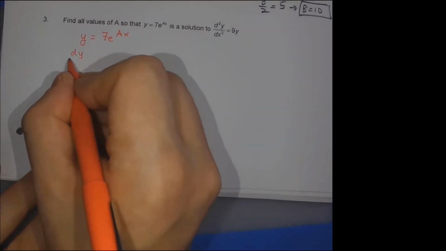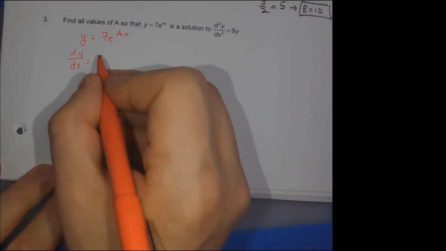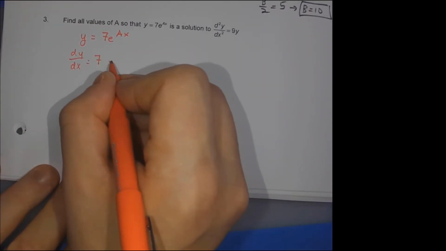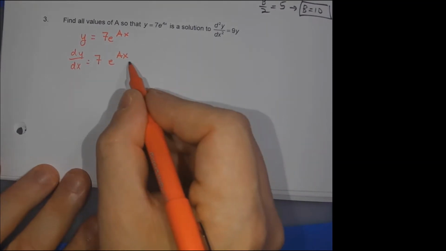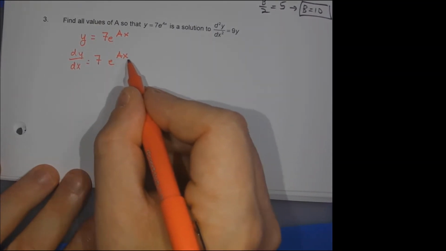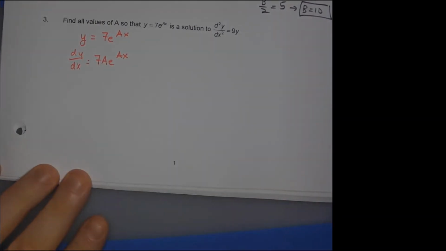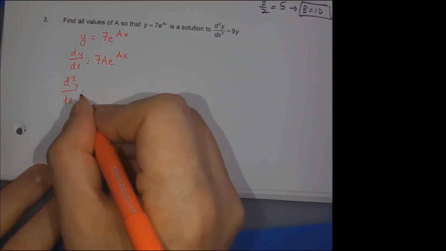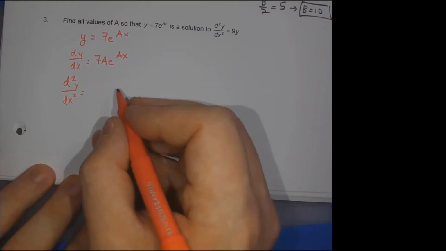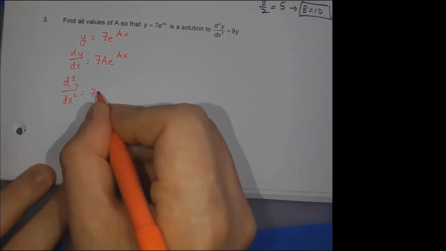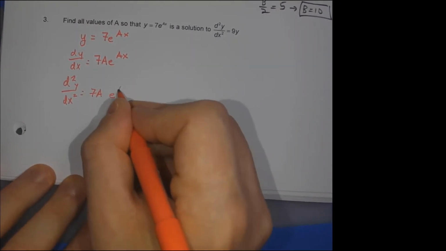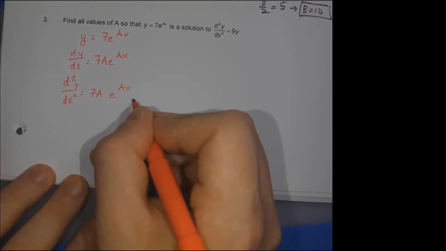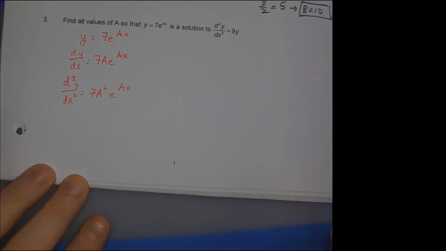The first derivative with respect to x would be 7e to the ax multiplied by a by the chain rule. I'm going to place that out in front. And then the second derivative with respect to x would be 7a e to the ax, and then multiply by another copy of a, so let me just put in a squared.